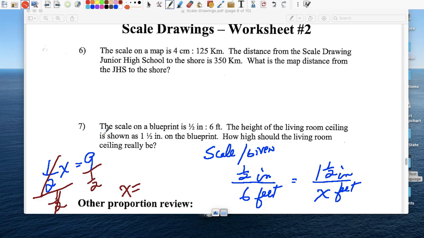You either enter 9 divided by 0.5 or 9 divided by half, and that's going to be 18. 9 divided by half is not the same as 9 divided by 2, so that's what I meant by be careful. So how tall is the ceiling? It's 18 feet high. Really? That's a really high ceiling. Yeah, that's that.